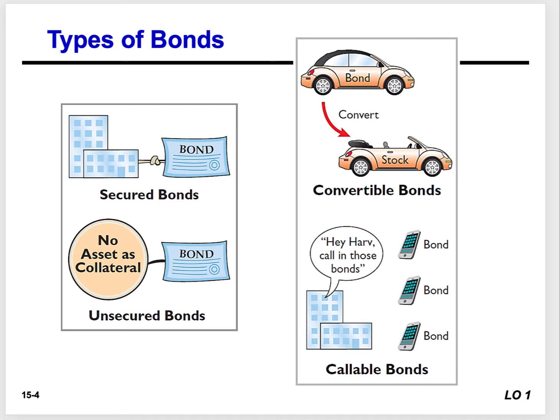Meaning, if I am unable to make my interest payments, or if something happens and I can't pay back those bondholders, I could sell that machine, and the cash I generate from selling that machine, I turn around and give to the bondholders. Keep in mind, this is just a way for bondholders to have some security.